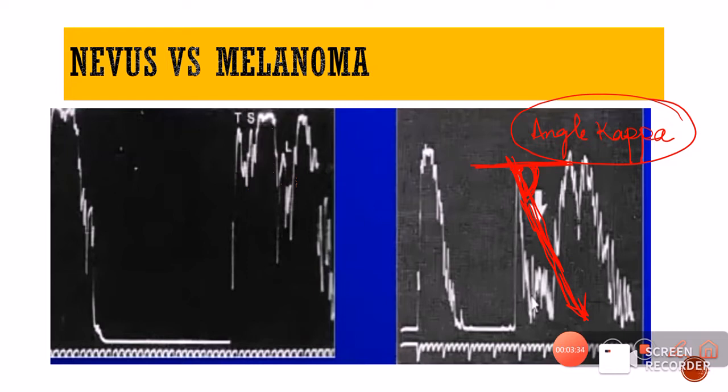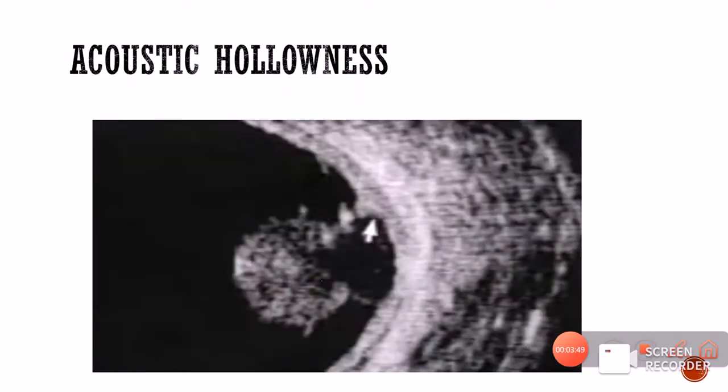So melanoma and angle kappa are related, attenuation is related to melanoma, low spikes are related to melanoma, acoustic hollowness is related to melanoma. However, in a nevus we are going to see tall spikes. Now this picture depicts the acoustic hollowness which occurs because of the necrosis at the base of the melanoma.